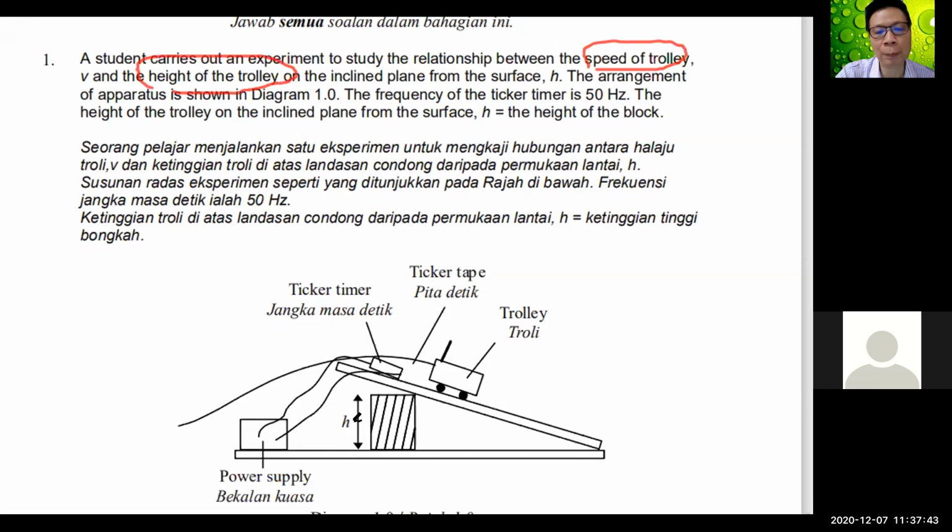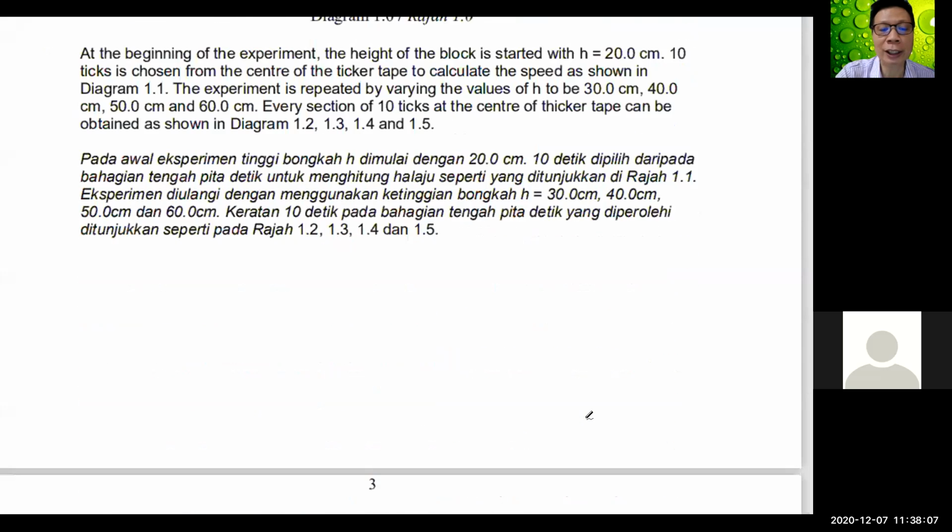So you are manipulating the height, and then you are getting how fast the trolley runs down, the speed. So it's a relationship between, very simple, the height and the speed, correct or not? By manipulating the height, you see how fast the trolley goes down. So the result is already here.